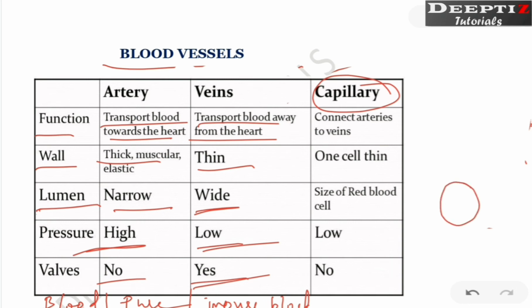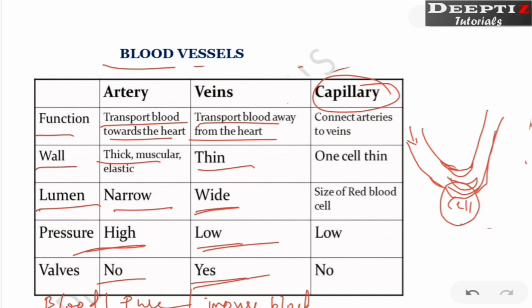Suppose this is one of the cells, right? There is a blood vessel which carries pure blood towards the cell. Now this pure blood needs to be supplied to the cell. For that, this blood vessel is going to be divided into a small set of blood vessels, and later they will unite and form another set of blood vessels. Till now, what happened?